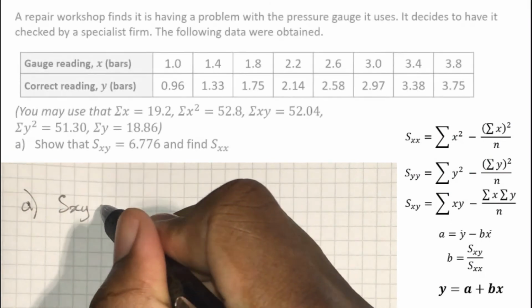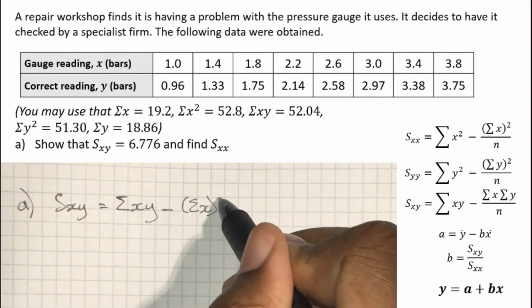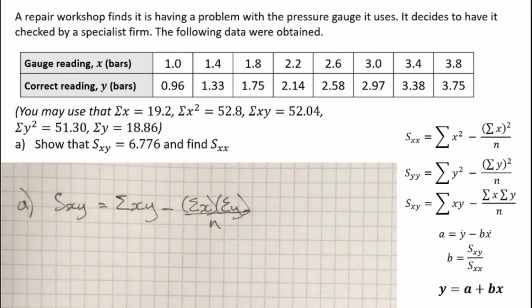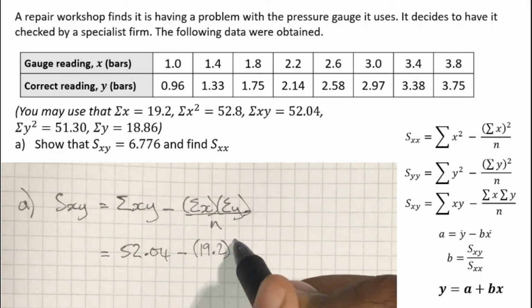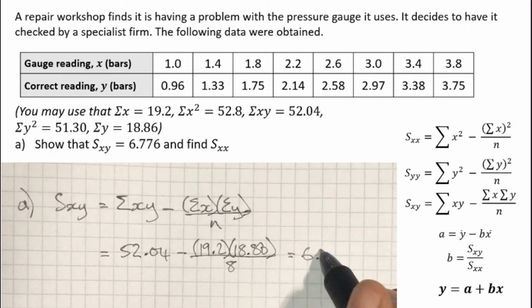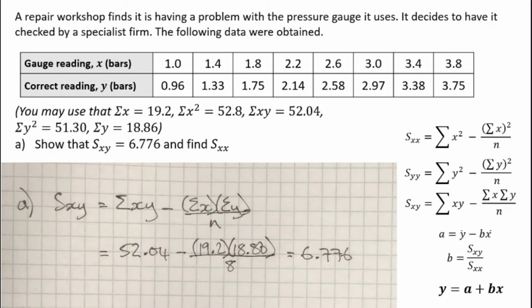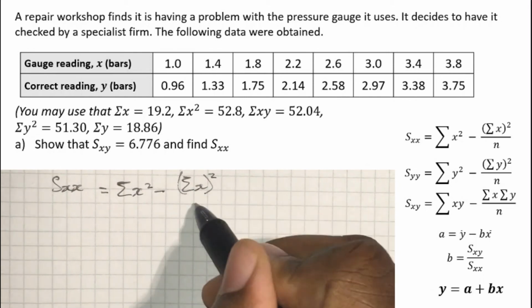Okay, we'll just do one more example and I'll try and go through this quickly. The first two parts are just like you would expect. We're calculating the summary statistics, so we're going to substitute the information that we've been given already. So this time around, S of xy, we're going to get 6.776. And we've also been asked to find S of xx.